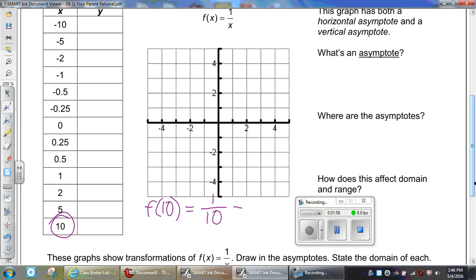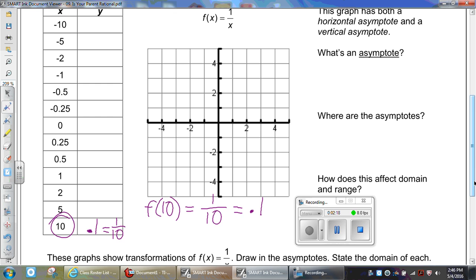And so what is 1 over 10 as a decimal? 1/10. That is why we could call it the reciprocal function, because 1 over 10 is the reciprocal of 10.